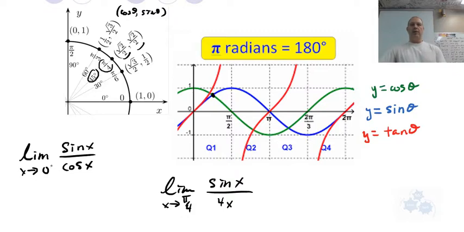So if you're doing a limit with a trig function, it's no big deal. If you can plug 0 in, since sine is continuous, cos is continuous, and tan is continuous where defined, you can just go ahead and plug the value in to find the limit.